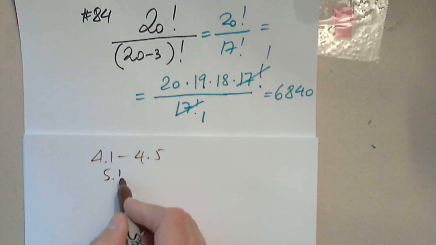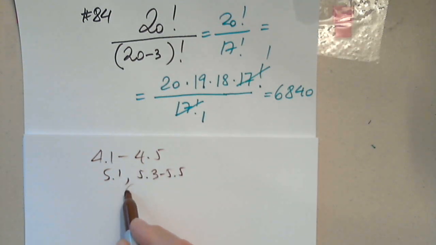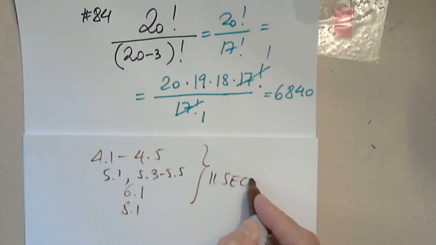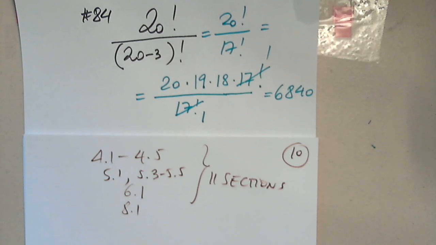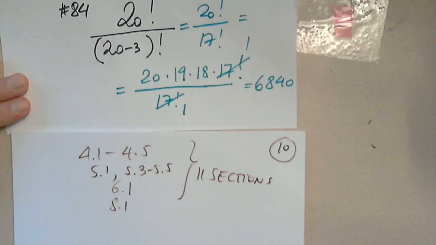We have 5.1, 5.3 through 5.5. We have 6.1 and 8.1. A total of 11 sections for this test. Not this weekend, the following weekend. I'm hoping you're going to finish all the homework and ask plenty of questions.